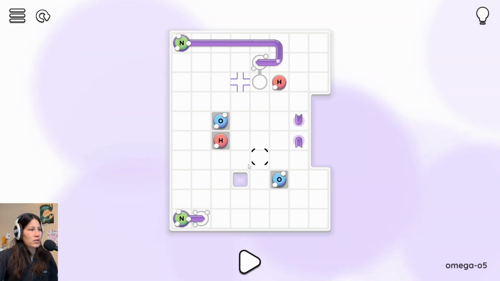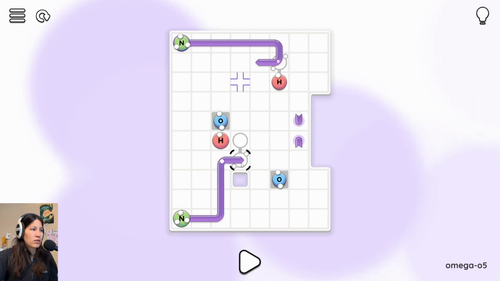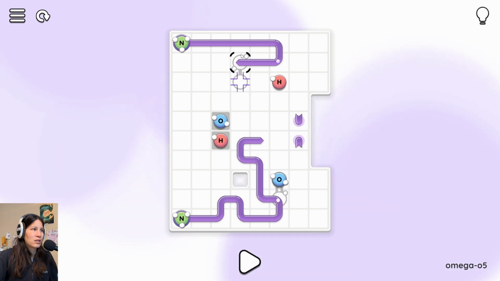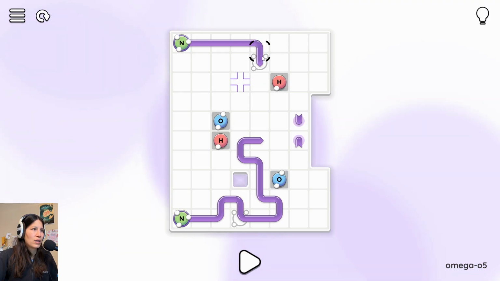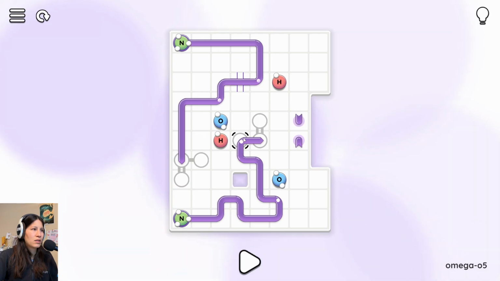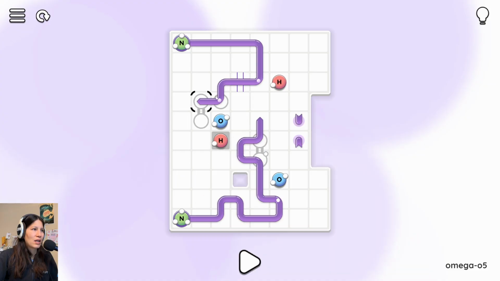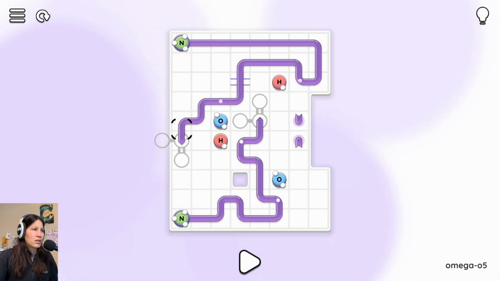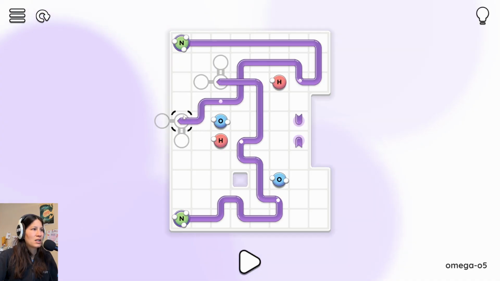It can go up or left. If it's left, let's see if I go, wait, left, then I need something up or left. Then I want this to be down and to the right, right and down, and then no, I can't have it right. I want it left, down. But then when I do this, this does not help.